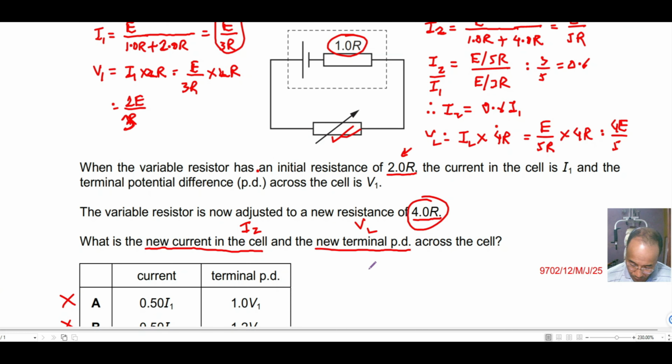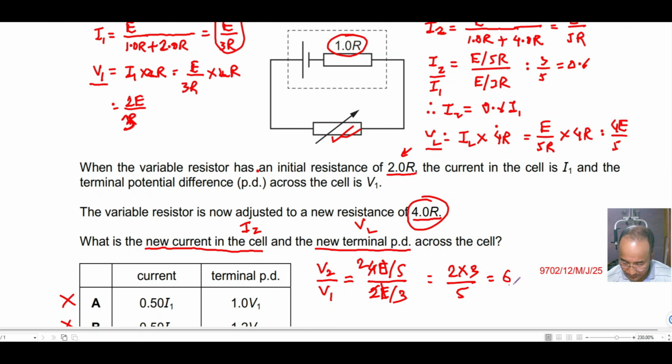So now V2 by V1 is equal to 4E by 5 divided by 2E by 3. So this E and E goes, 2 2s are 4, so it is 2 into 3 by 5, equal to 6 by 5, and this thing is equal to 1.20.